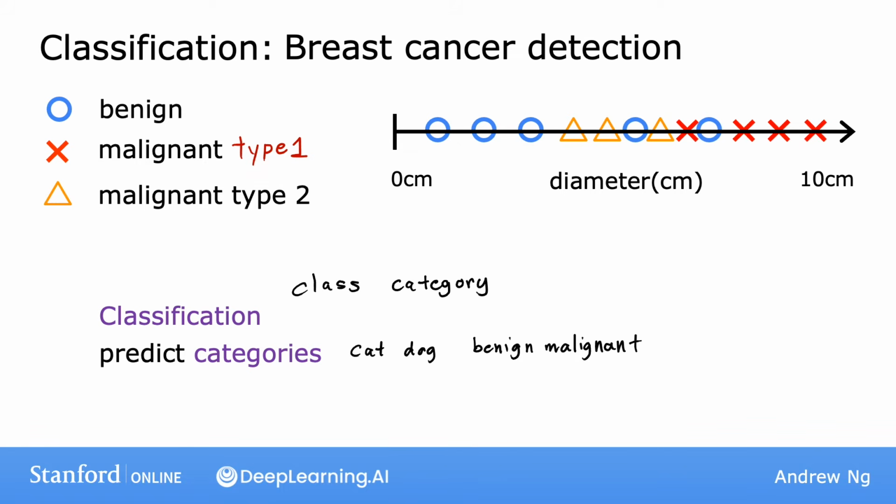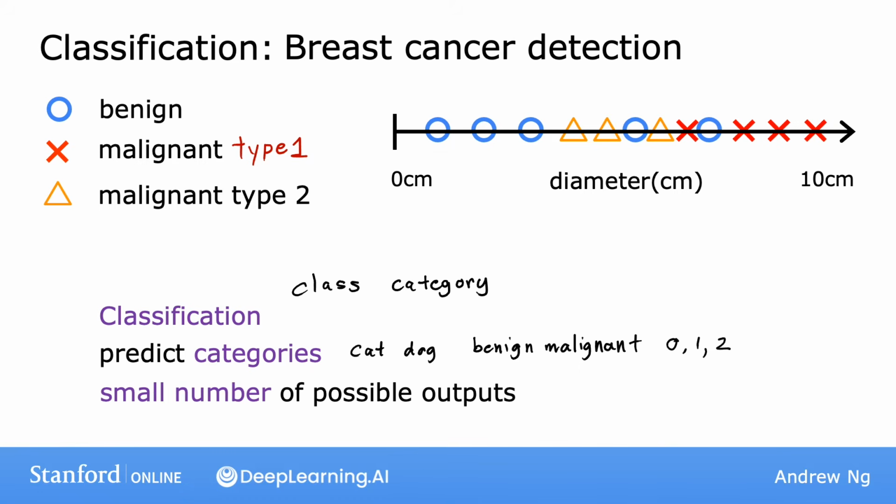Categories can also be numbers like 0 or 1, or 0 or 1 or 2. But what makes classification different from regression when you're interpreting the numbers is that classification predicts a small, finite, limited set of possible output categories, such as 0, 1, and 2, but not all possible numbers in between, like 0.5 or 1.7.